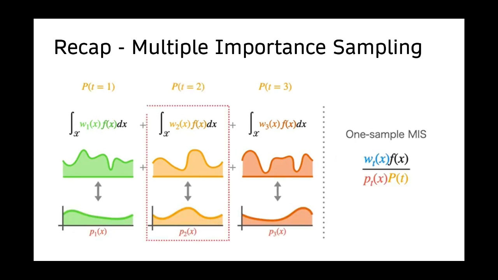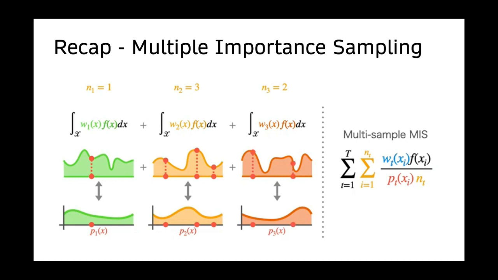One-sample MIS estimates the integral by randomly selecting a technique and a sample from its weighted integral. Each technique is assigned a probability of selection, and from the set of techniques we stochastically select one. From that technique we draw a sample and use it to make an estimate of the integral.